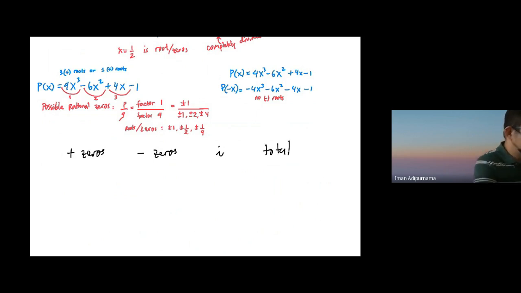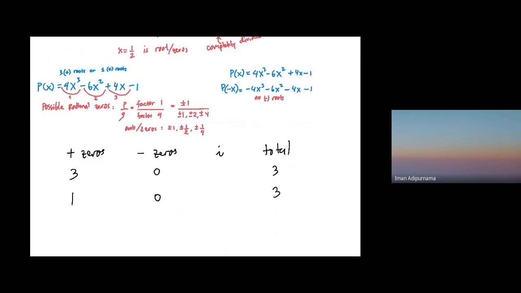At the beginning, we said that we can have 3 positive zeros or 1 positive zero, and there will be no negative zeros. And because it's cubic, the total should be 3. It's x cubed, so the solution will be 3 numbers.